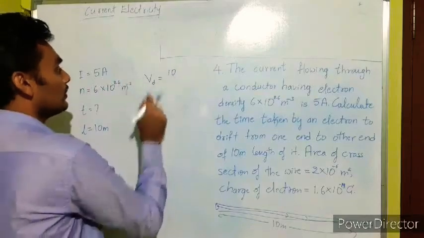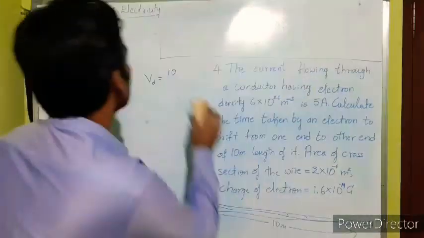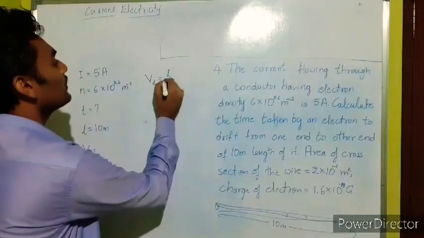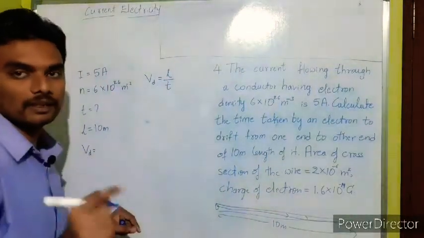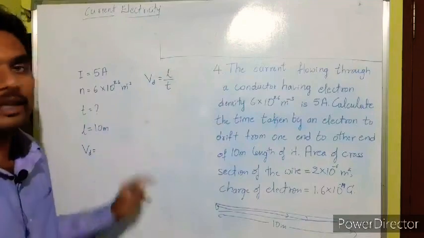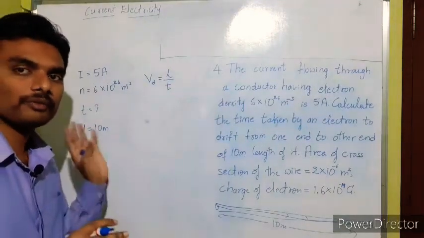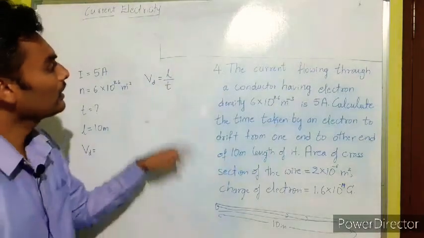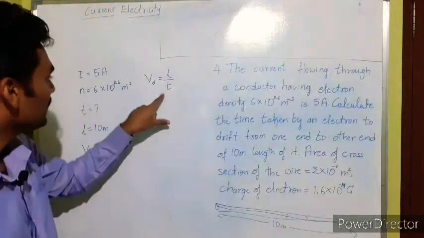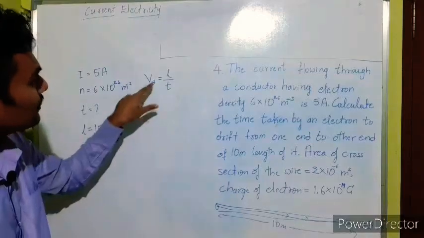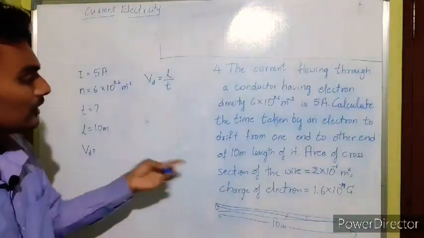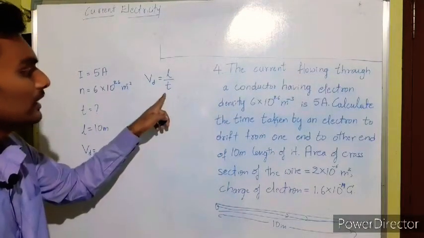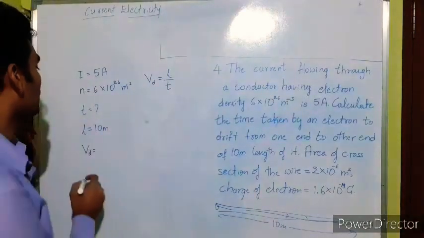So I can write Vd is equal to L, the length, divided by time. Clear? Why did I write Vd is equal to L by T? Simple, from the first year formula: displacement by time. Displacement is the length of the wire, T is the time taken. So from this formula, I can write T is equal to L by Vd, and hence I can get T. That is what is required.